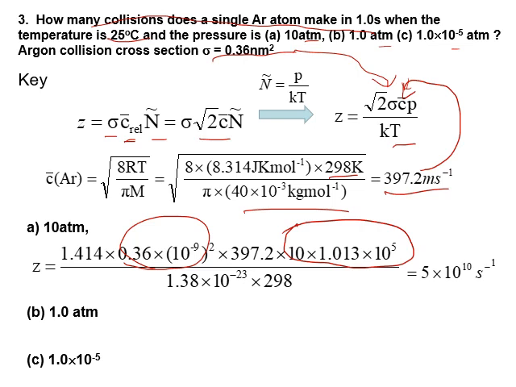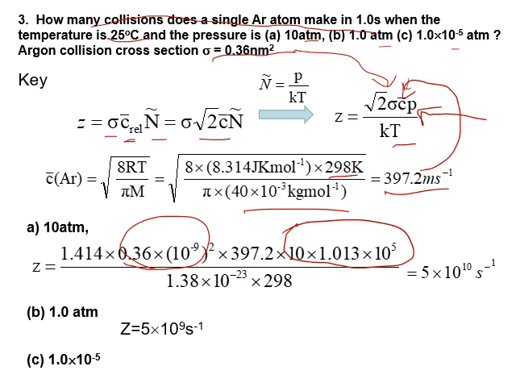If you reduce the pressure, according to this equation, you expect the collision frequency to also reduce. Plug in the pressure of 1 atmosphere, and the answer is 5 times 10 to the 9th power.